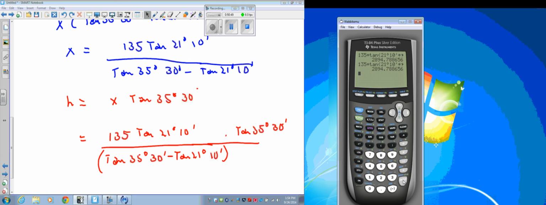But if you do an individual step and then take the answer out of your calculator and put it in, it will round, and you don't want to round it. Let's say you can do the numerator of the 135.